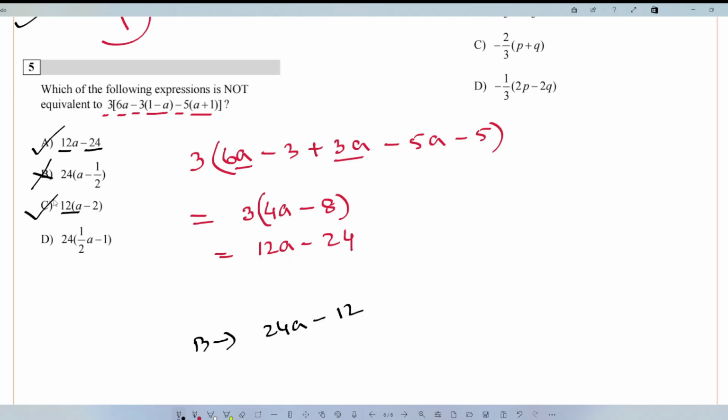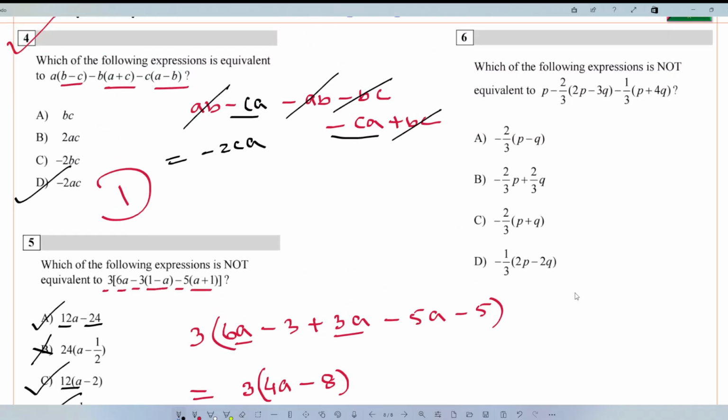So number c is okay. Again 24 times 1 by 2, it will become 12 and then a, and similarly 24 times minus 1 will become minus 24. So number d is also okay. So everything will be okay except number b. Okay, clear this one?